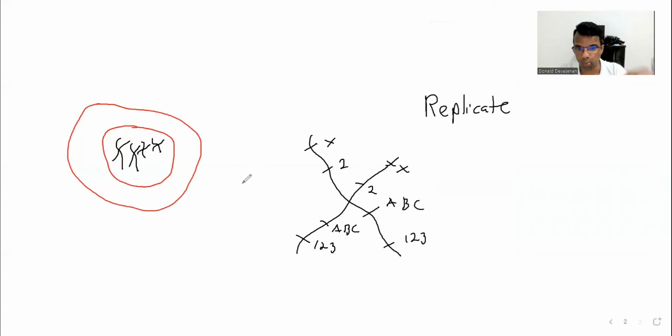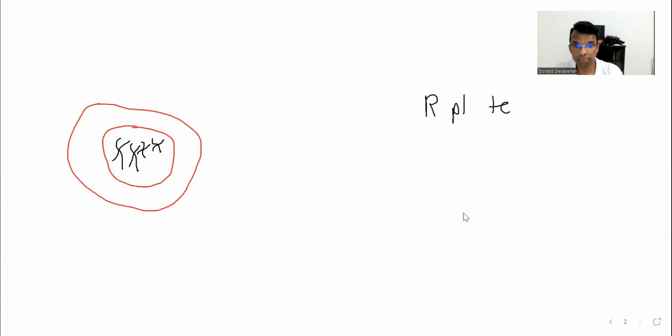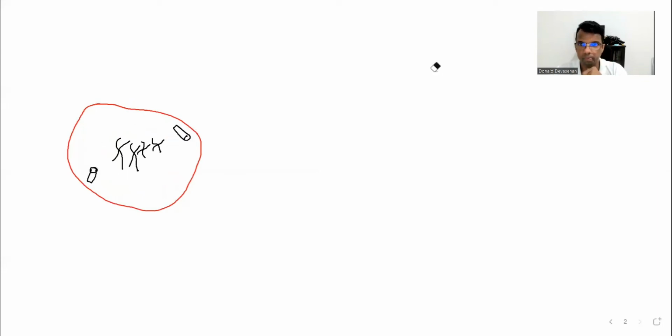So actually what will happen is, when this cell is about to divide, okay, I will show you, this is the centriole, there is a pair. What would happen is, one of the centrioles will slowly move towards the opposite side, and at the same time, the nucleus would have opened up.